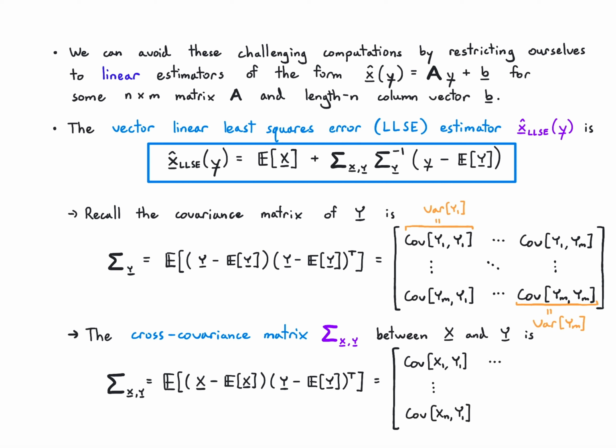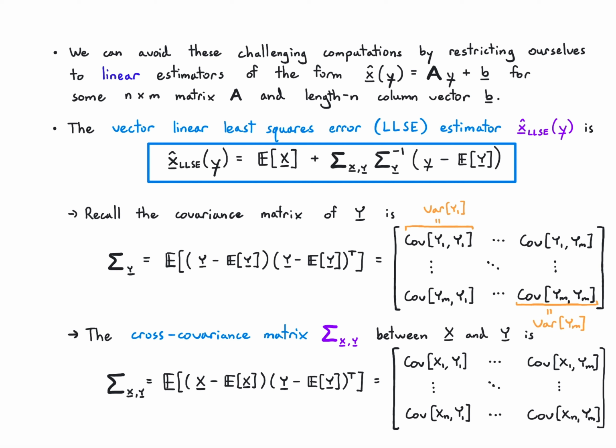So the first column holds the y value fixed at y1, and then it varies x from x1 up to xn. The index of the row determines the index of x, and the index of the column determines the index of y. So here I have ym in this last column. And there are not going to be any variance terms here. It's going to be all covariances because now I'm always comparing an x term to a y term.